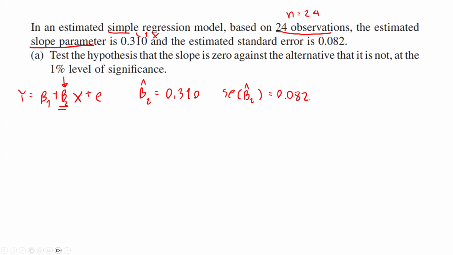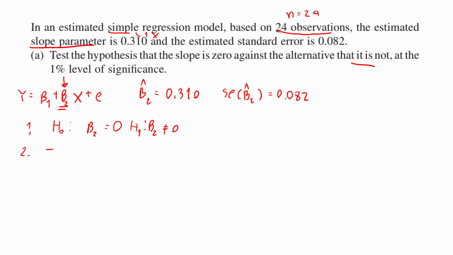The first question: test the hypothesis that slope is zero against the alternative that it is not. So slope is zero means beta 2 equals zero versus not zero. So this is two tail, right?